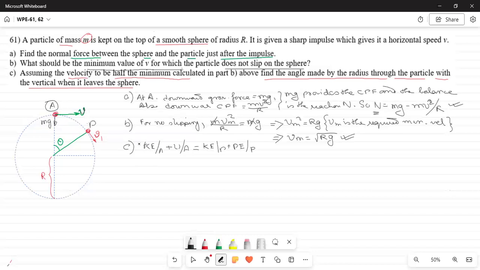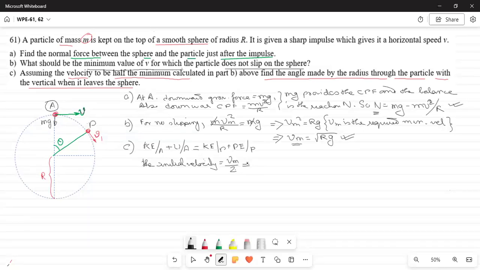It is half m. Now the velocity in part C is given as half of this minimum velocity. The initial velocity is equal to vm by 2.